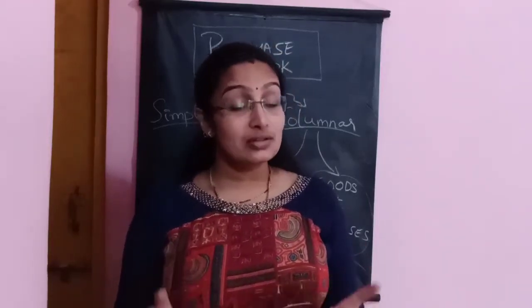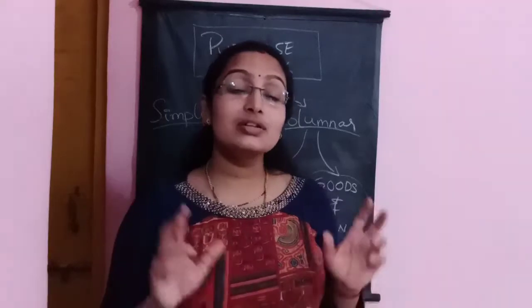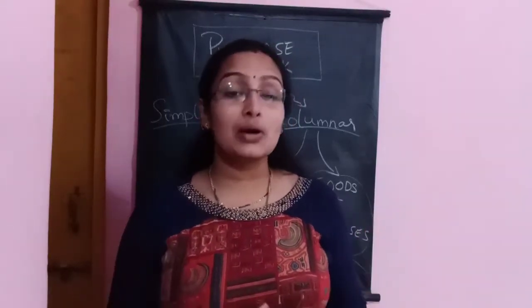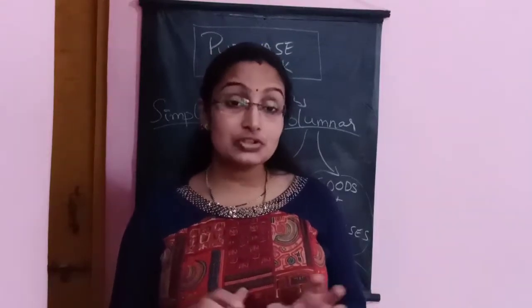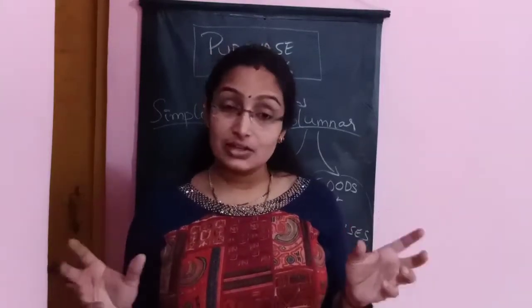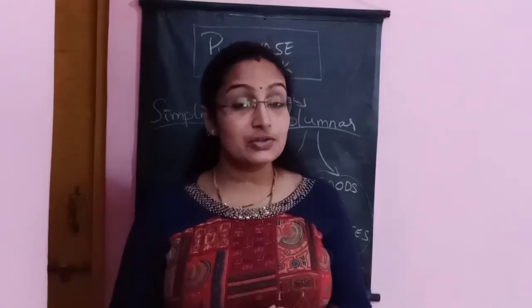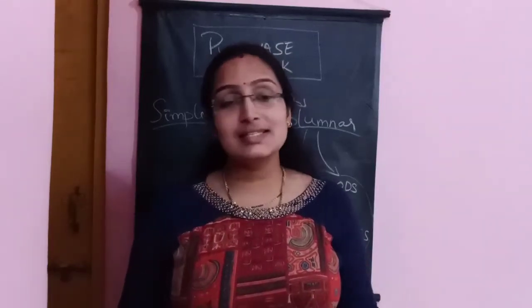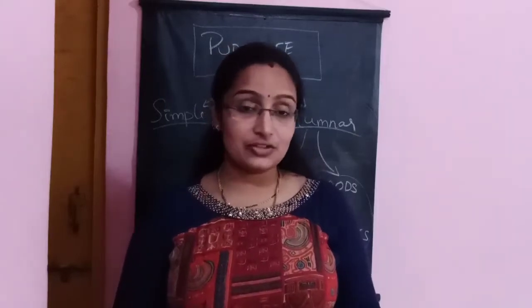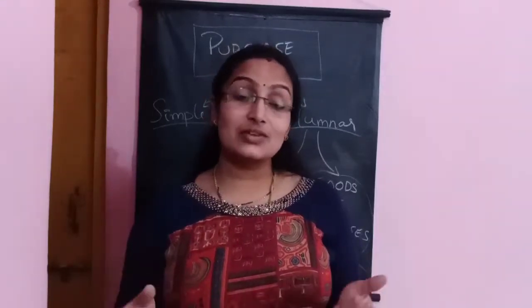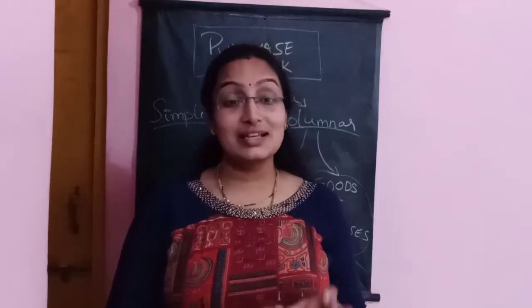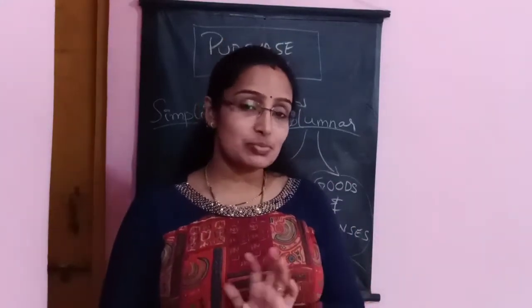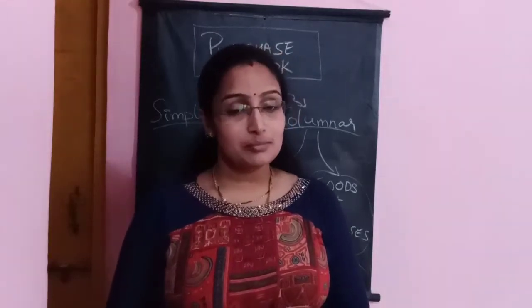One more thing is that when we record the credit purchases, we record the net amount of purchase. Net amount means the market value of the goods minus the trade discount. And it is known to all that trade discount is not recorded in any of the books. So, the trade discount has to be deducted from the amount, and then the net amount remaining has to be recorded in the purchase book.